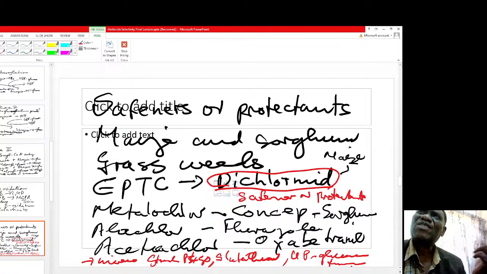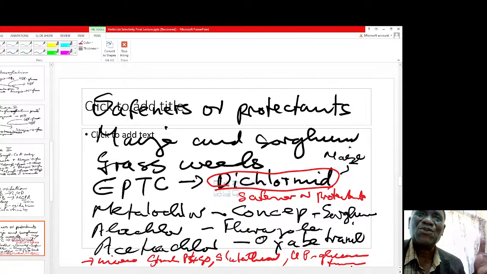You also want to put Basagran, which is also a post-emergence herbicide. Probably you may think it is wise to mix these two so that you save on fuel.